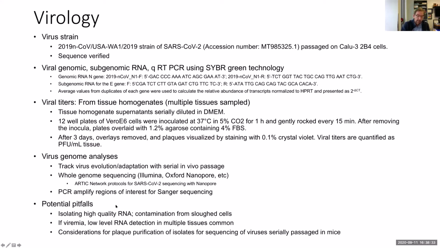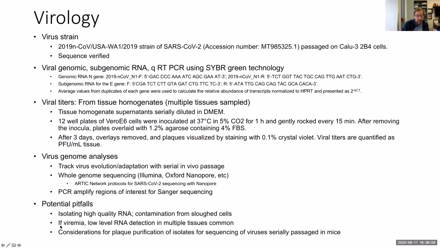Some pitfalls to think about related to this part of the talk: being confident that you can isolate high quality RNA, keeping in mind that there might be slough cells either in tissue culture or animal models that could influence your results.